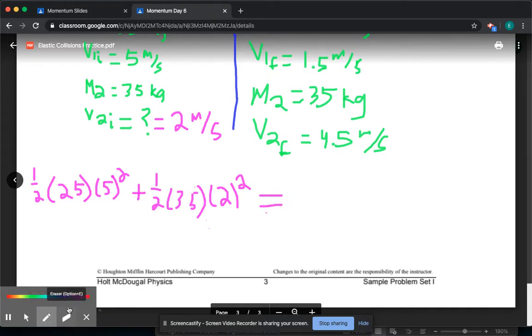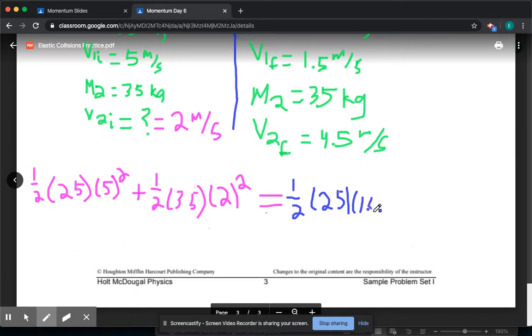And then this needs to equal 1/2 times 25. Our final velocity for mass 1 is 1.5. That's not a 15, it's a 1.5.